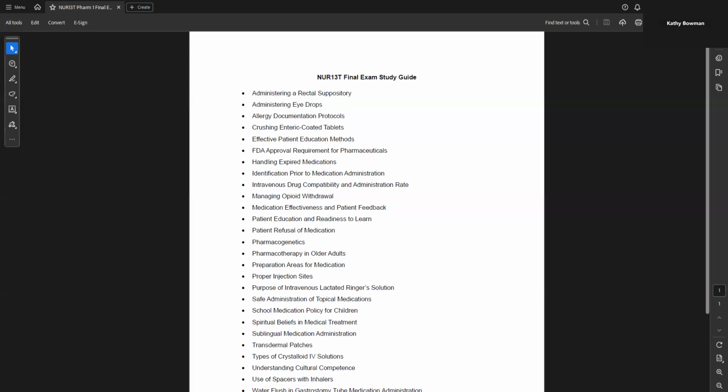Okay. And what is the max rate on a peripheral IV line when you're infusing? 10 mEq per hour. So this is for a peripheral IV. 10 mEq per hour is the max rate for potassium chloride.